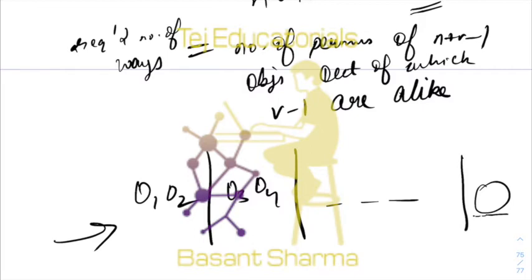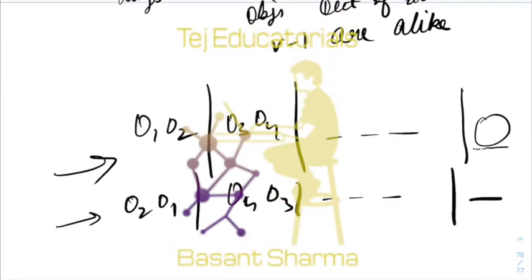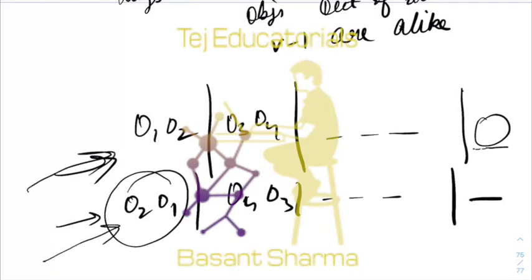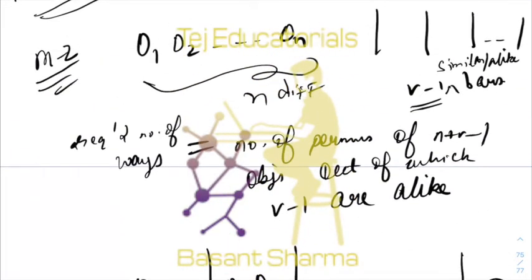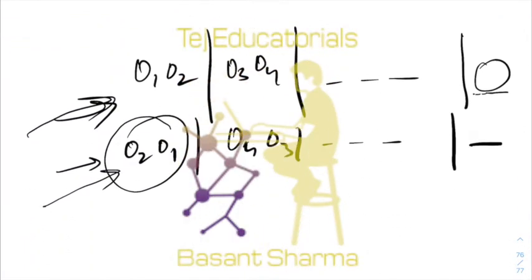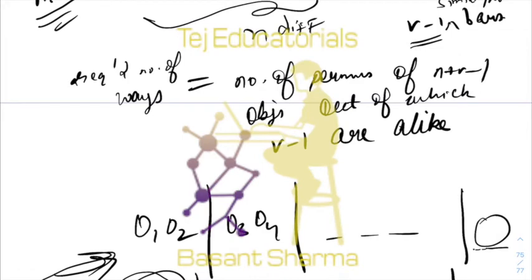Now another arrangement could be O2, O1, O4, O3, and so on. So this is another arrangement. Because we have considered the n objects to be different, this arrangement and that arrangement are different. So the required solution is nothing but the number of permutations of n plus r minus 1 objects, out of which n are different and r minus 1 are alike. If you don't get it, it's okay, just ponder on this.